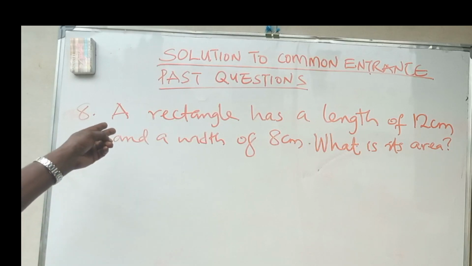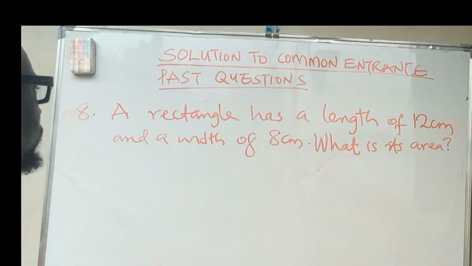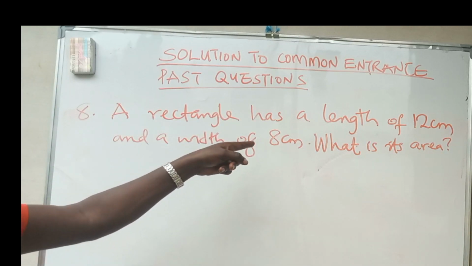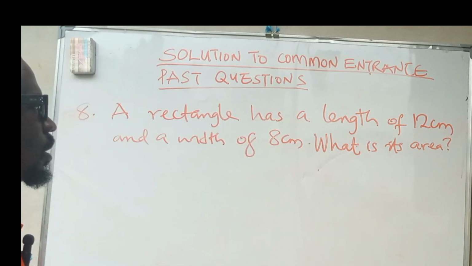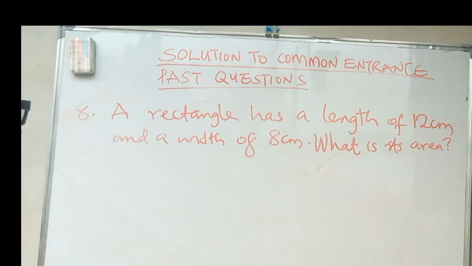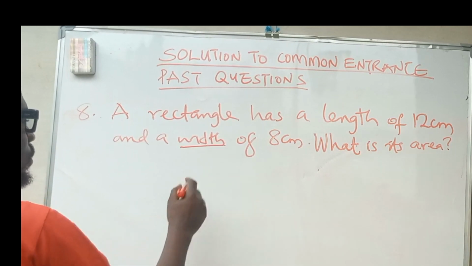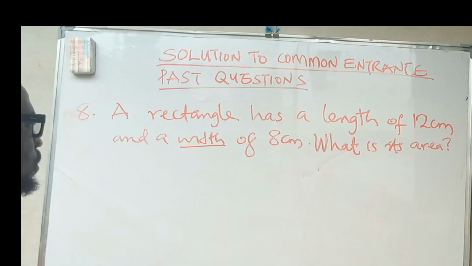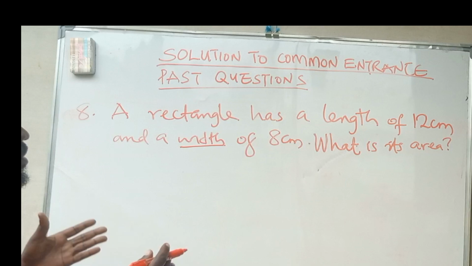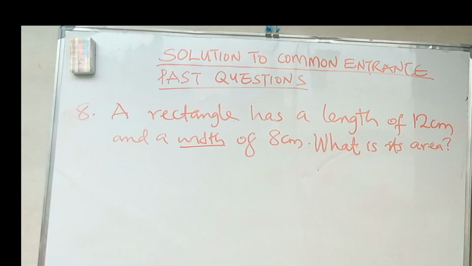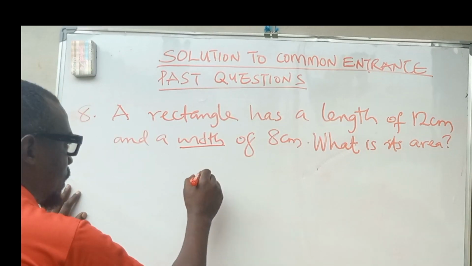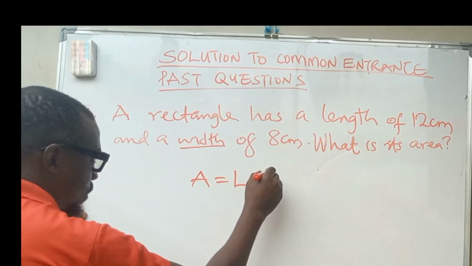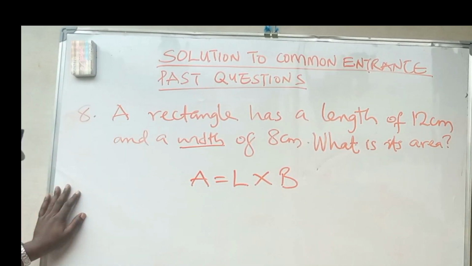We have a question that says a rectangle has a length of 12 centimeter and a width of 8 centimeter. What is area? Like I normally say, the width is always given to probably convince the candidate. But the area of a rectangle is always length times breadth.